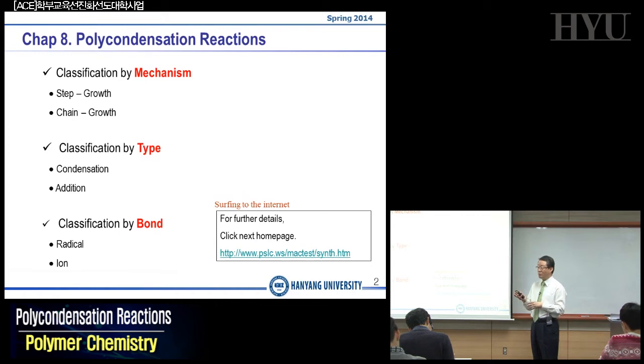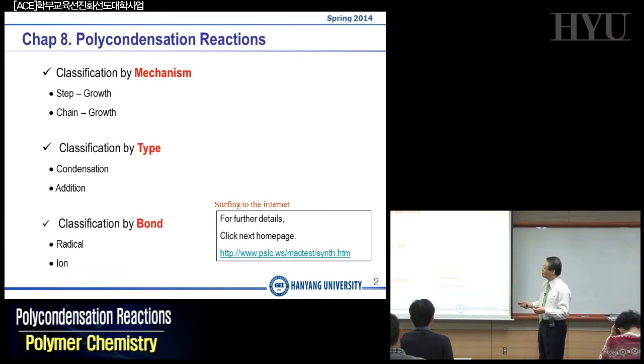If the ions are the most promising active sites for your polymerization reactions, we call that an ionic polymerization reaction. In the case of ionic polymerization reactions, we have both cationic polymerization and anionic polymerization reactions. So you have several types of polymerization reactions.